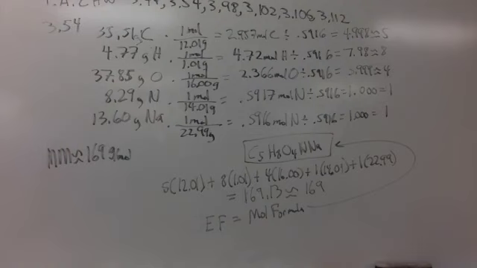And that gives me the moles of carbon, hydrogen, oxygen, and nitrogen. Then I do the step divide by smallest, which is dividing by 0.5916, and I get the ratio of 5 to 8 to 4 to 1 to 1. Now these are all whole numbers, so I can skip the last step, multiply till whole, because I already have whole numbers.